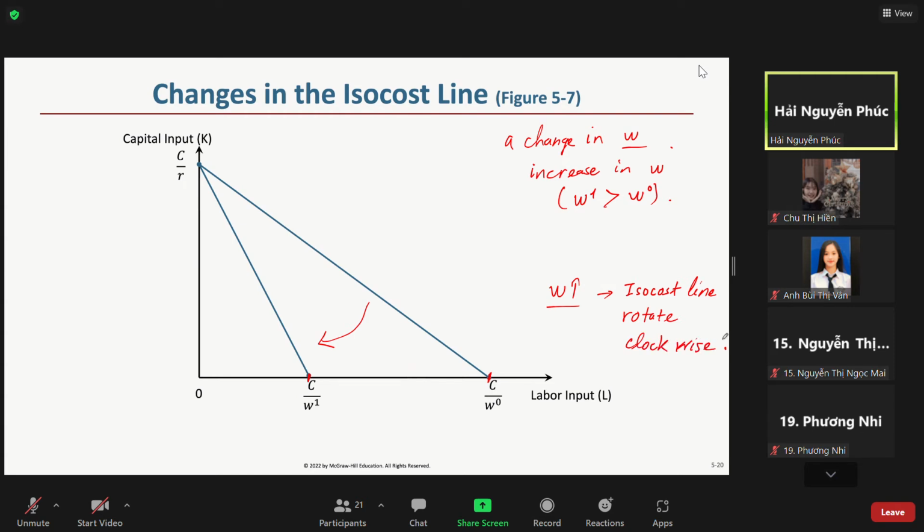The slope is changing. You can see that we have a changing slope. It is going to be steeper.